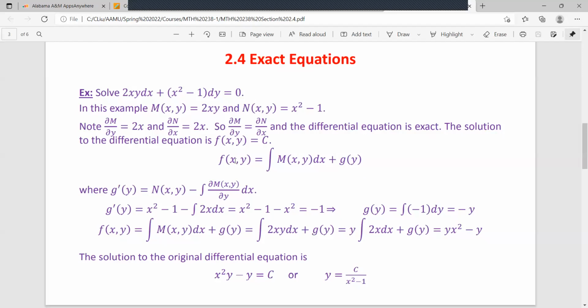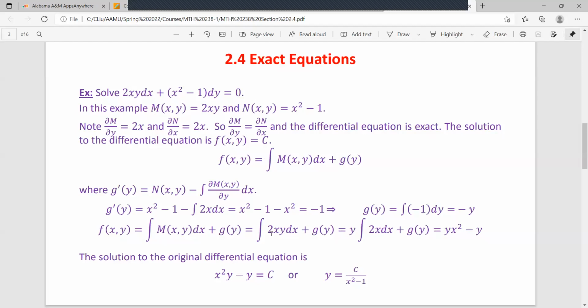So use the formula for f. We get f equals the integral of M dx plus g, and M is 2xy, so plug in and integrate 2xy with respect to x. Just be careful about this. You have to specify which variable you are trying to integrate over, since you have two variables in the function. Plus g(y), which we already found is just -y.